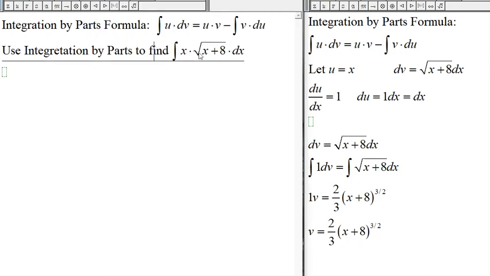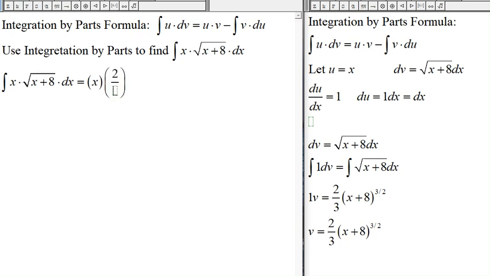And now we go back to our original problem. Again, this is u, this is dv, and so the answer is u times v. u is x, v is 2/3 times x plus 8 to the 3/2.